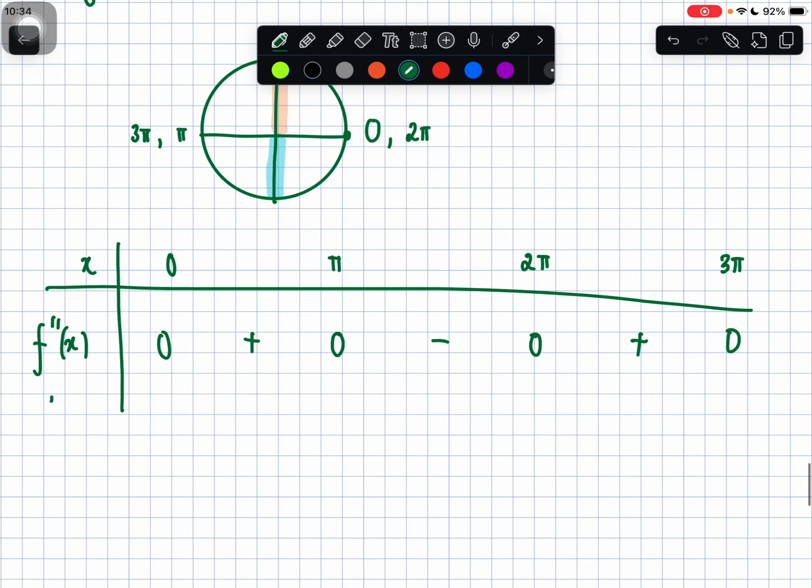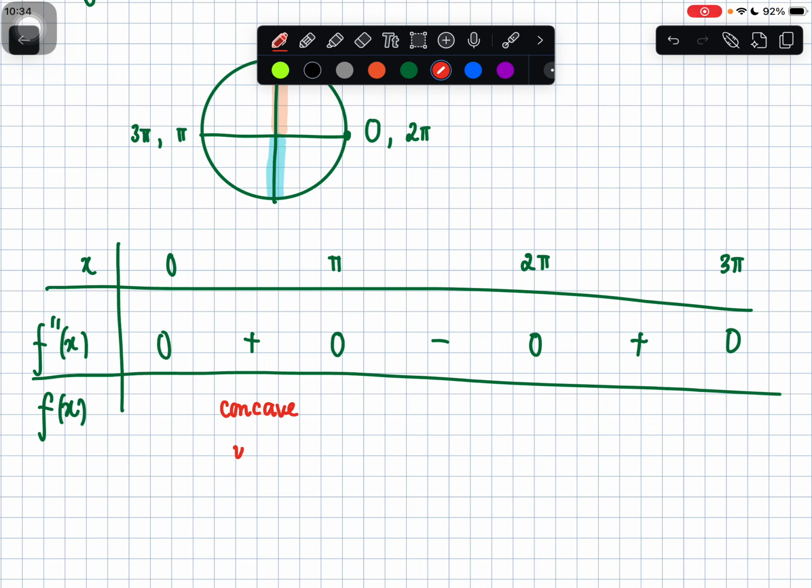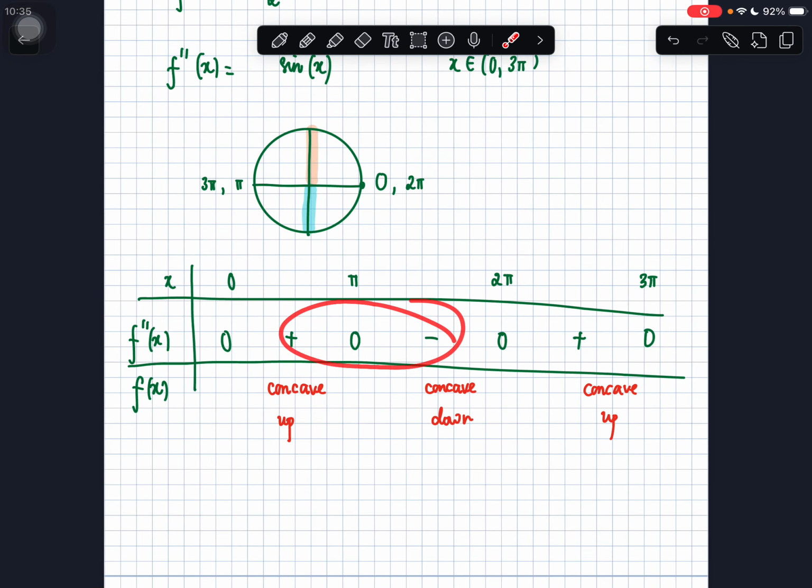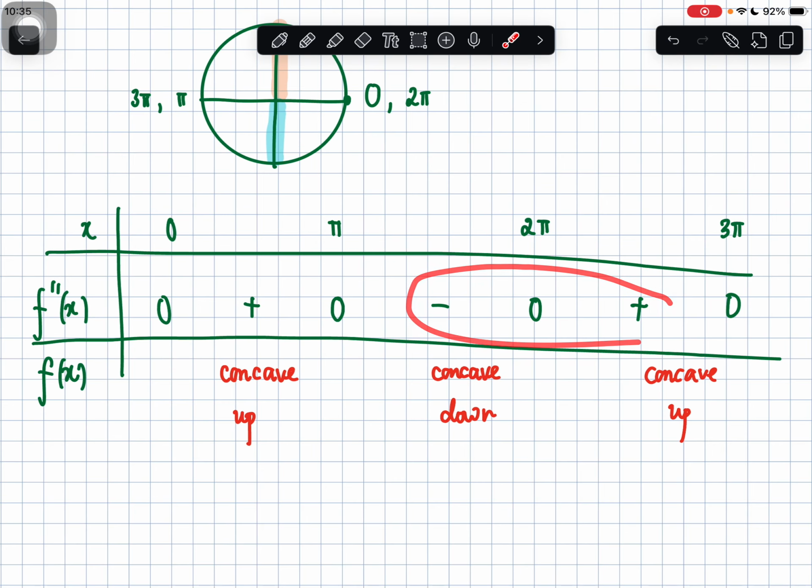So you see there for the function f of x, the concavity from 0 to pi is concave up. F is concave up here because the second derivative is positive, and then concave down. Then concave up again. So you see that at the moment where the second derivative changes sign, you have a concavity change.